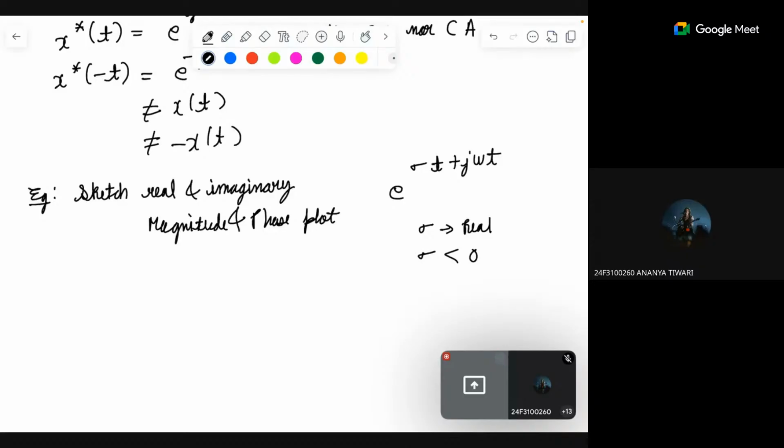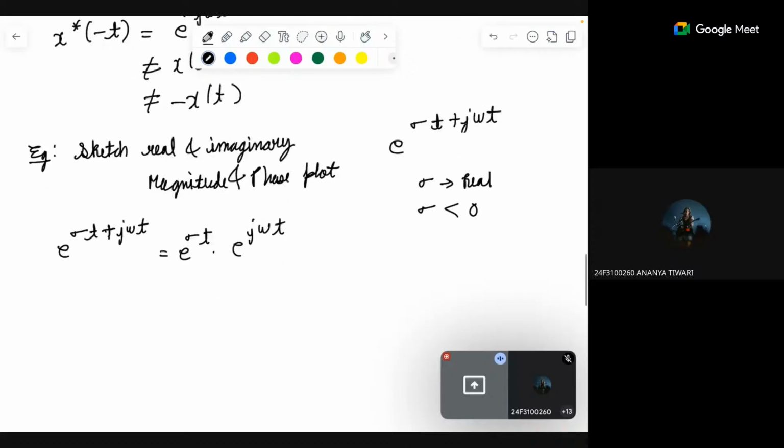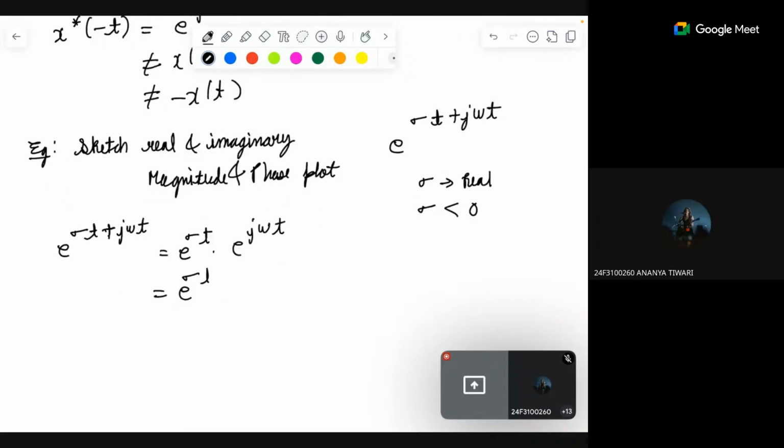Okay, so first let me expand this quickly. E raised to the power of sigma t into e raised to the power of j omega t. Then we will break it down in terms of sine and cos, and this is what we get once we multiply.